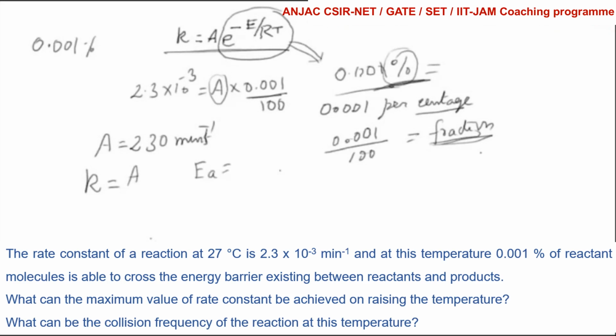Ea is equal to 0 and T is increasing. The question asked is the maximum value of the rate constant achieved on raising the temperature. The maximum value that can be obtained for k is 230. Beyond that, no value is obtained.